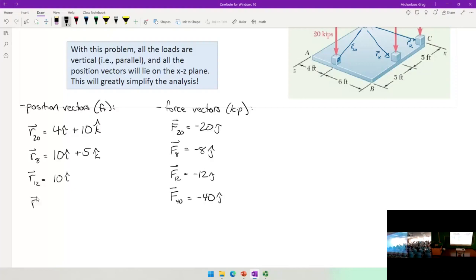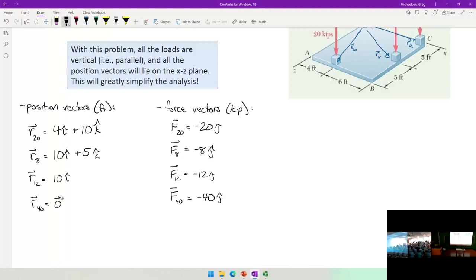But my question is, what is the position vector associated with that force? Say it. 0. There is no vector associated with that force. If I was being a stickler in terms of my notation, I would just say a 0 vector. But what does that mean?